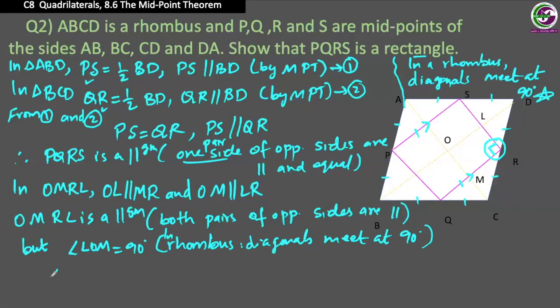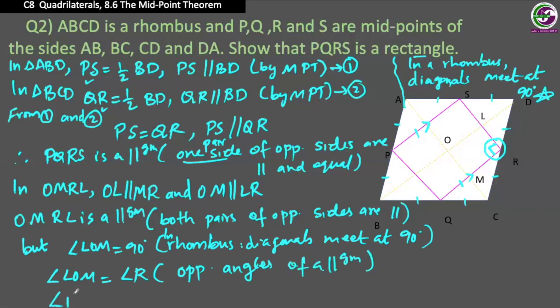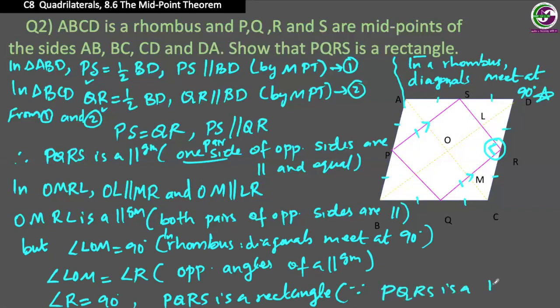Now we know that angle LOM is equal to angle R because opposite angles of a parallelogram are equal. Therefore, angle R is equal to 90 degrees, which means PQRS is a rectangle, since PQRS is a parallelogram with one angle 90 degrees.